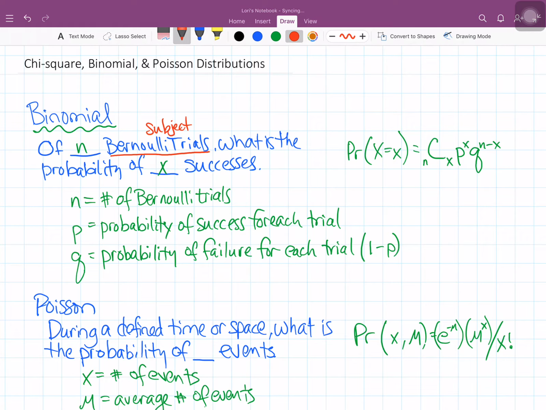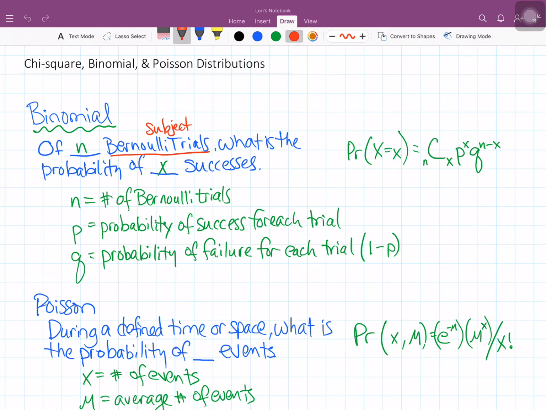But a Bernoulli trial simply means that for each person, they have either a positive or negative response to something. So it could be yes, no, it could be any variable that is dichotomous. So I'll just put a D here for dichotomous.